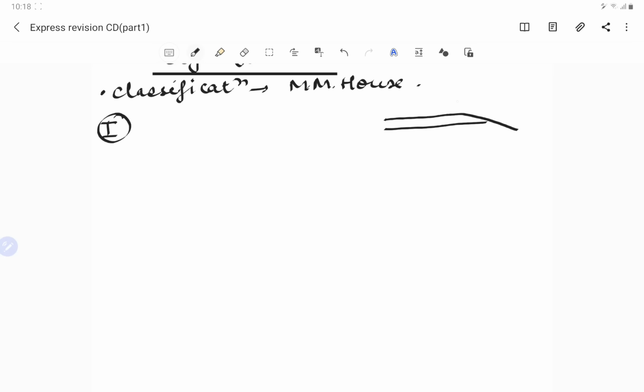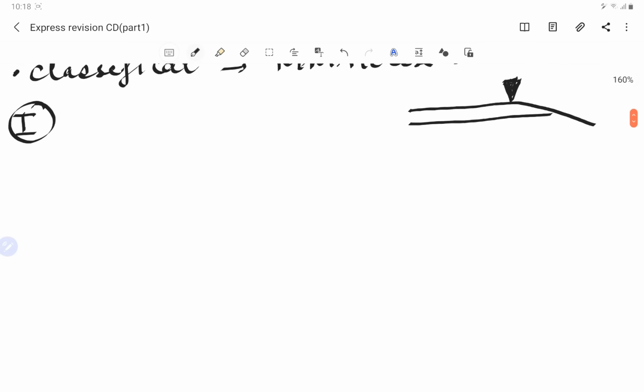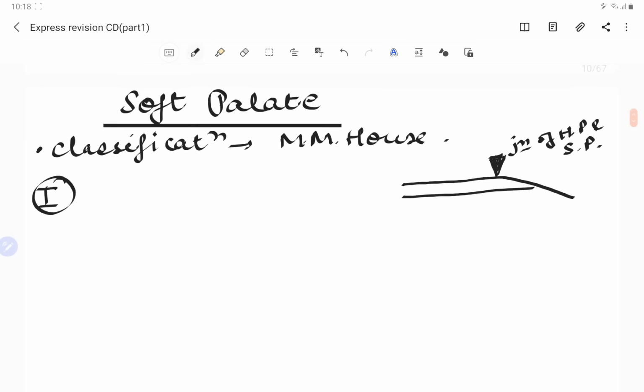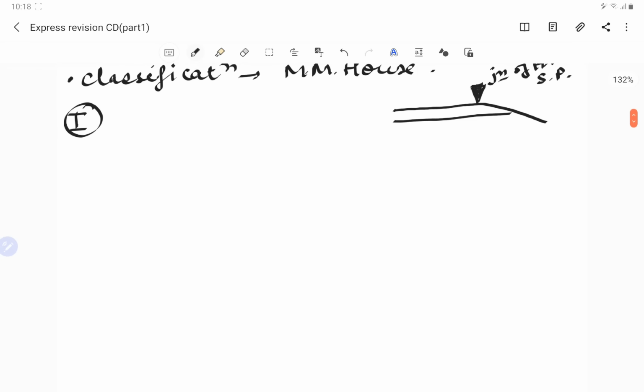This is the junction of the hard and the soft palate, I'm going to draw right here, the junction of hard palate and soft palate. This is type 1, wherein we have got more than 5 millimeter area for the retention.